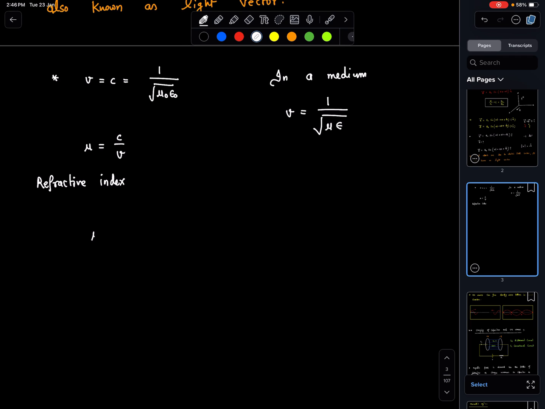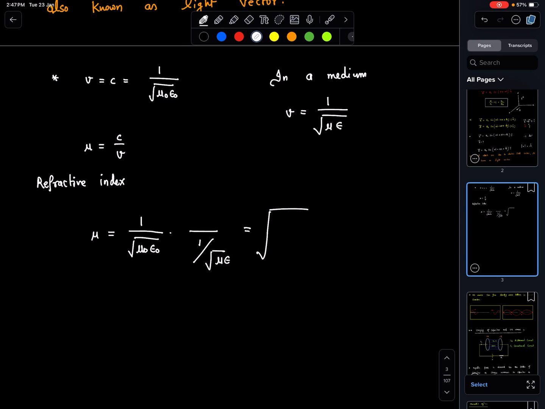So now I can write this as 1 by under root of mu naught epsilon naught, and this will come as 1 by under root of mu and epsilon. Let's adjust these terms.